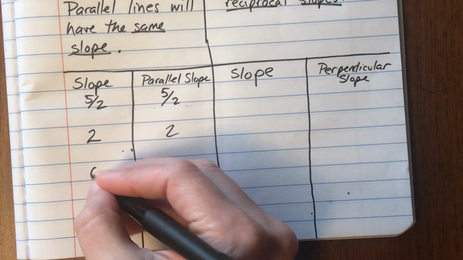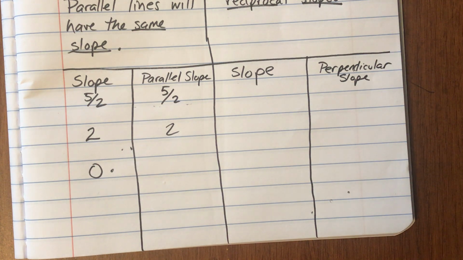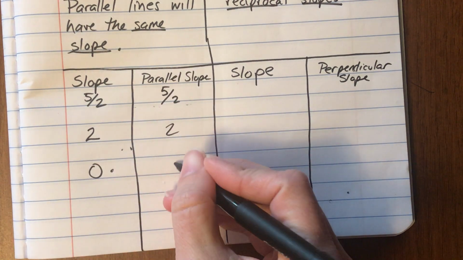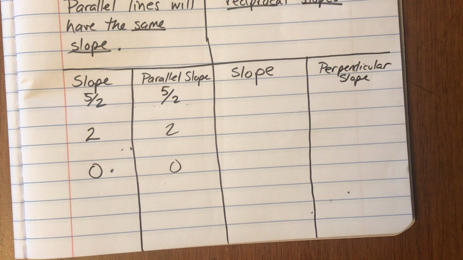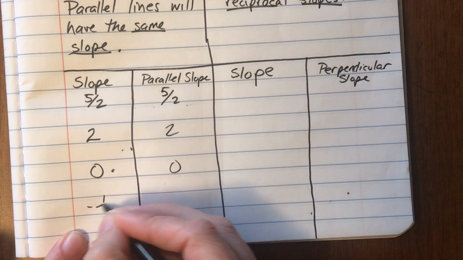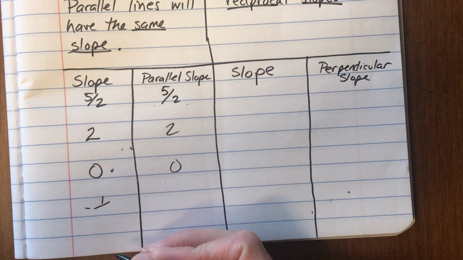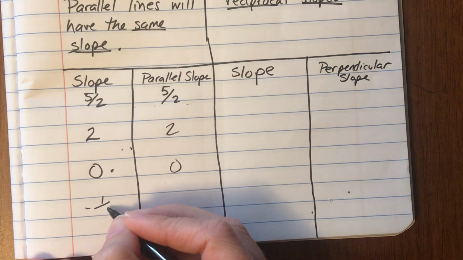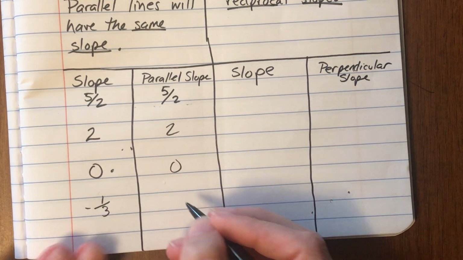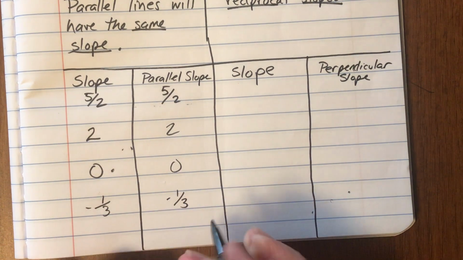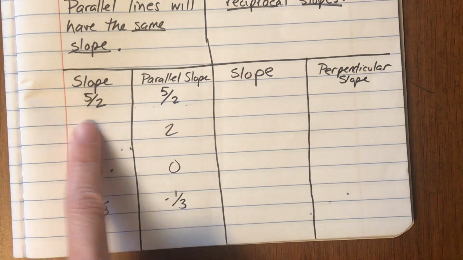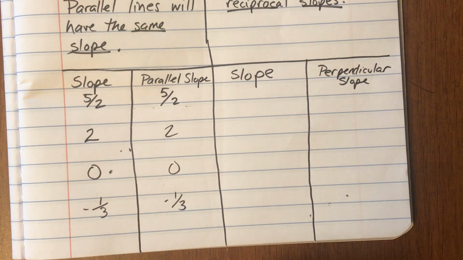If the slope of a line is 0, what would the parallel slope be? 0. It's going to be the same, whatever it is. If the slope of a line is negative 1/3, then a parallel slope is going to be negative 1/3. Parallel is easy. If you know the slope, you know a parallel slope. It's exactly the same. Now, perpendicular, you have to be a little more careful.